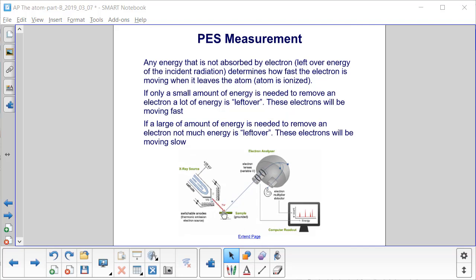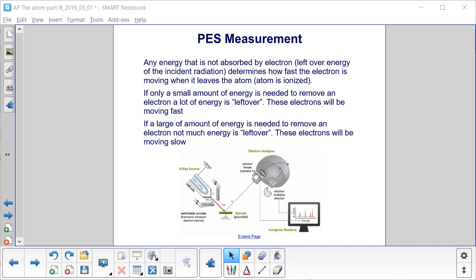Remember that this is a very specific amount of energy fired at the sample. Any energy that's not absorbed by the electron in removing it from the atom, any leftover energy after that absorption, determines how fast the electron is moving when it leaves the atom when the atom is ionized. If only a small amount of energy is needed to remove the electron, say for an outer or valence electron, a lot of energy is then left over, and as these electrons enter the electron analyzer, they will be moving very fast.